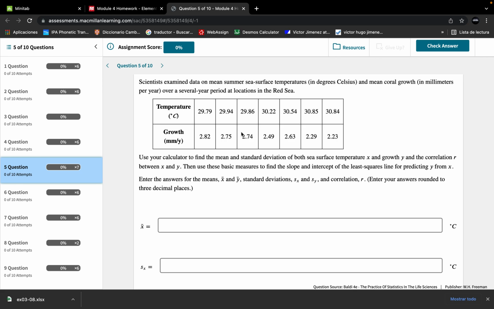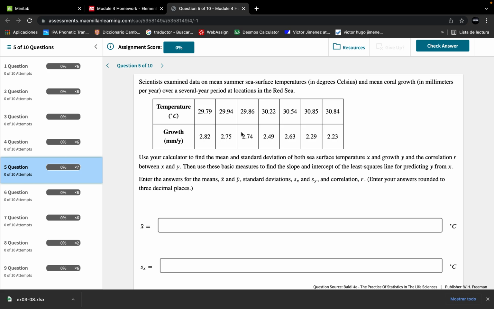It says, scientists examine data on mean summer sea surface temperatures in degrees Celsius and mean coral growth in millimeters per year over a several year period at locations in the Red Sea. And then here you have several values.